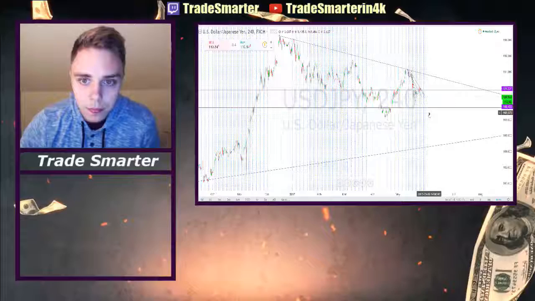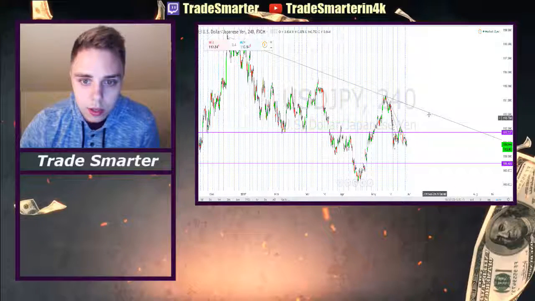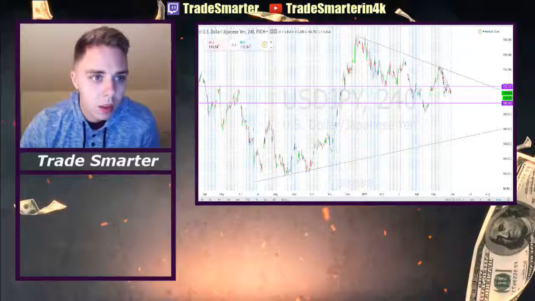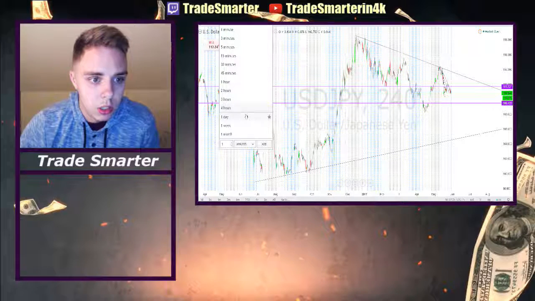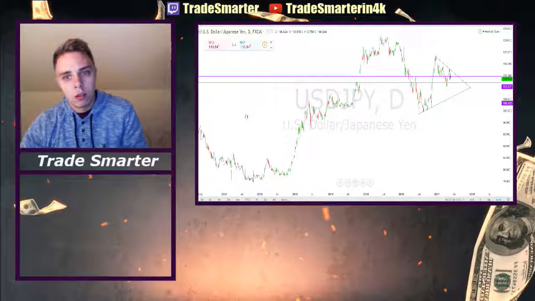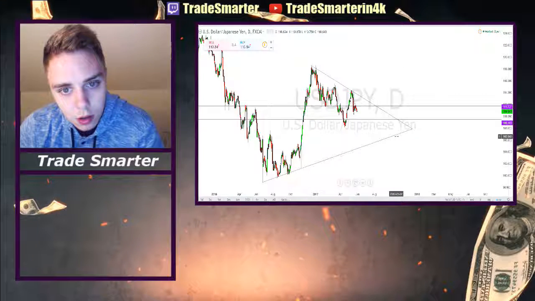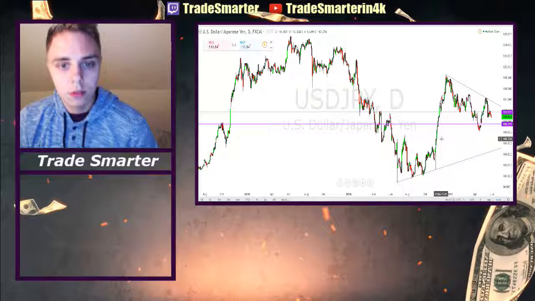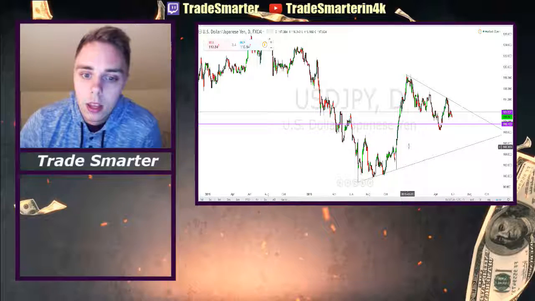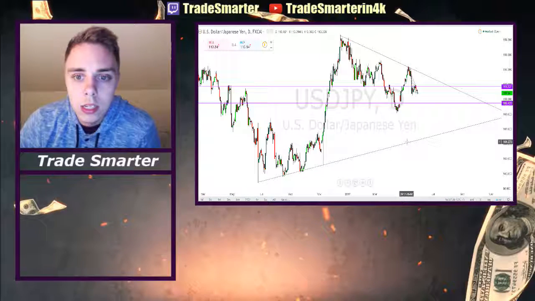It looks like it's trying to hit this line again. Let's look at the 1 day just to make sure that's what's really going on. So now it gets rid of all those annoying blue lines, and we can see this really well and easy.